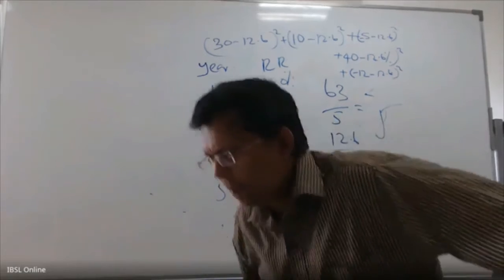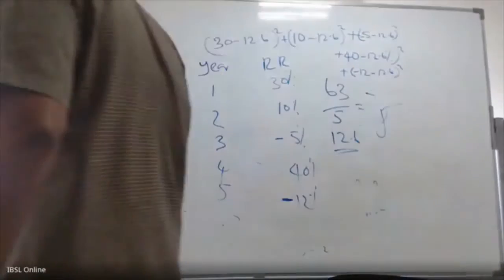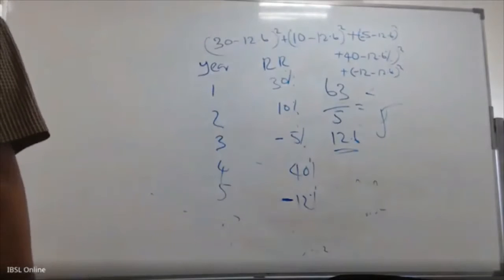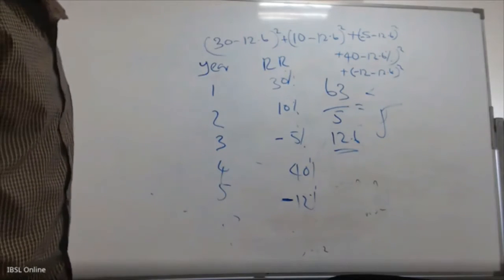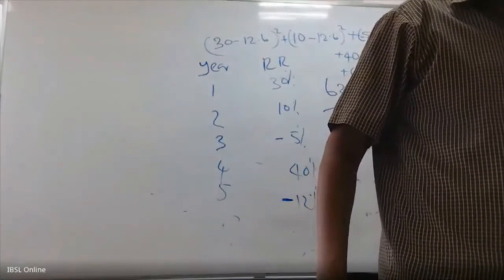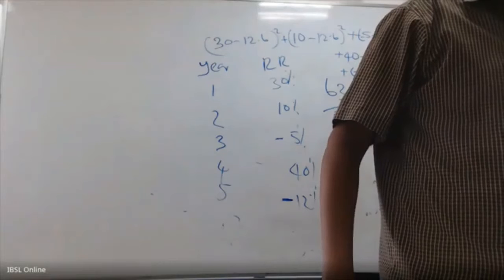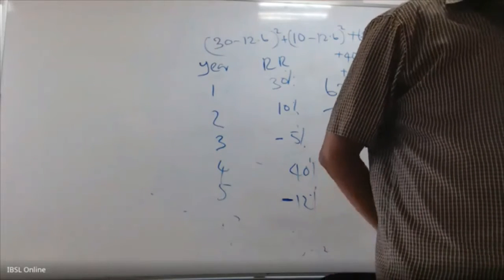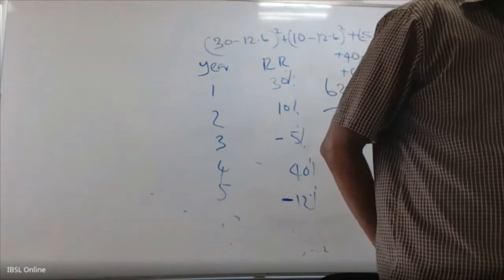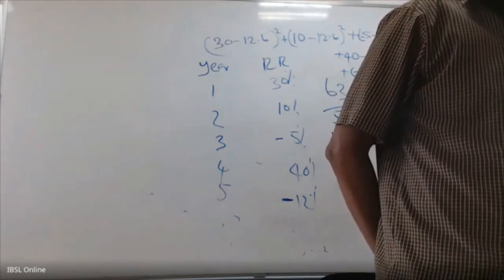Discussing the market risk. There are 4 types of market risk available: interest rate risk, equity risk, foreign exchange risk, and commodity risk. All these risks we have discussed with you.